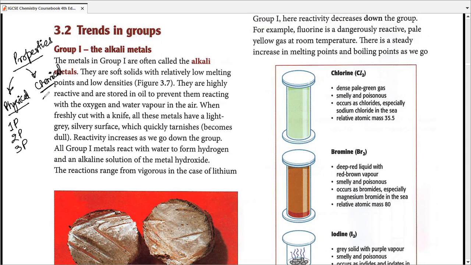And every chemical property is also marked as 1c, 2c, or 3c, and so on. So whenever your past papers ask you to list a couple of chemical or physical properties of any specific metal or group, you'll know how to do it.